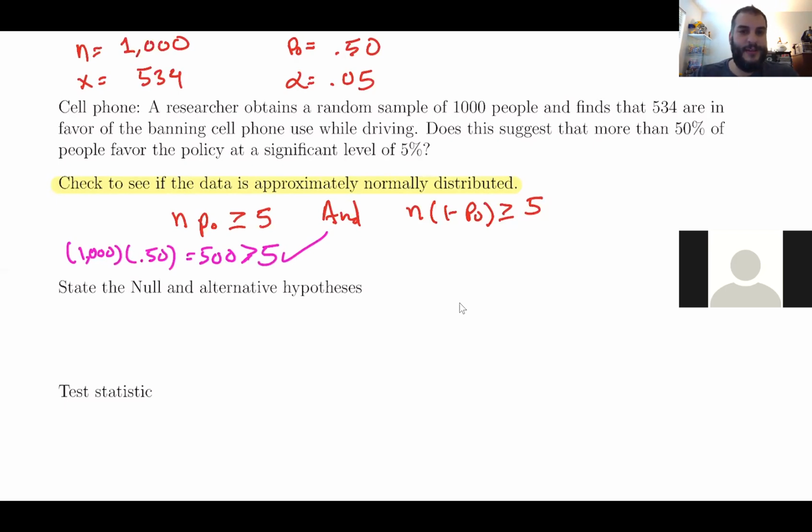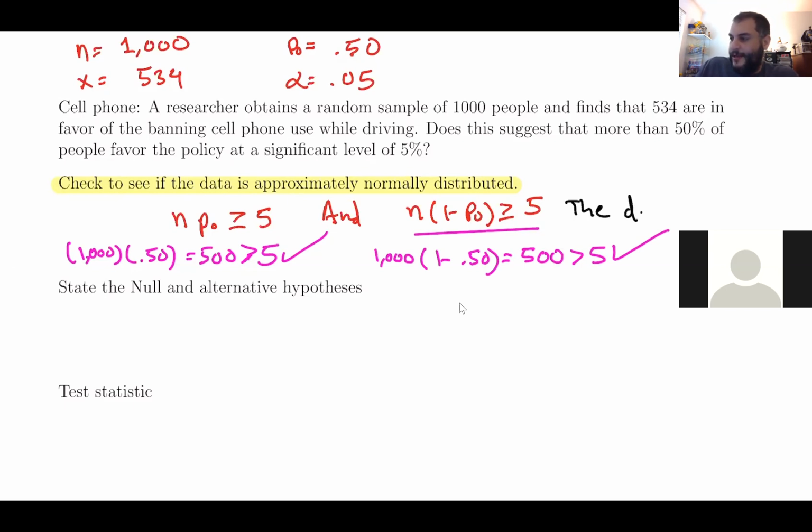Then we check the other condition: 1,000 times 1 minus 0.50, which again gives us 500, which is bigger than 5. So that one also checks out. Since both of the conditions check out, we'll say the data is normally distributed.